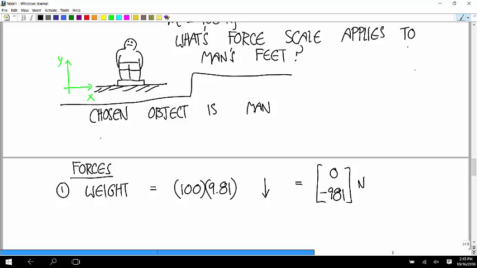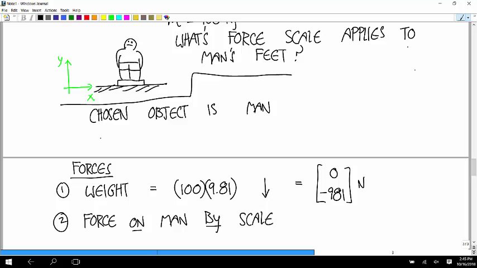And then there's one other force too. Now that we've dealt with the weight, we just imagine going around the boundary, looking for places where the outside world makes contact with this chosen object. That's the only place. So the only contact force is the force on the man by the scale.